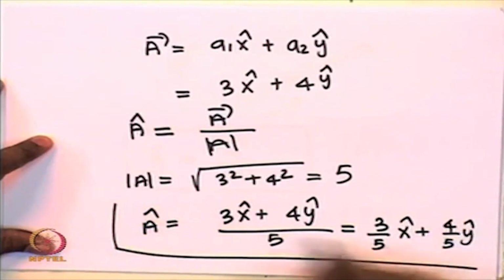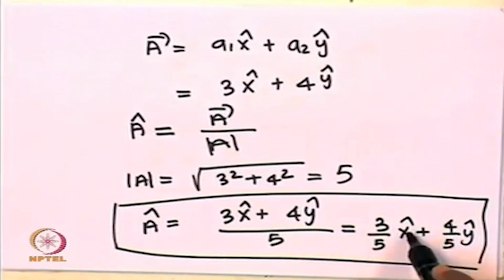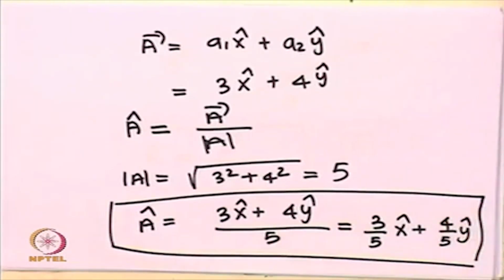So this is how we calculate A cap: 3 by 5 x plus 4 by 5 y. The unit vector along A tells you how to go. When you say something x plus something y, you have to go something along the x axis and something along the y axis.